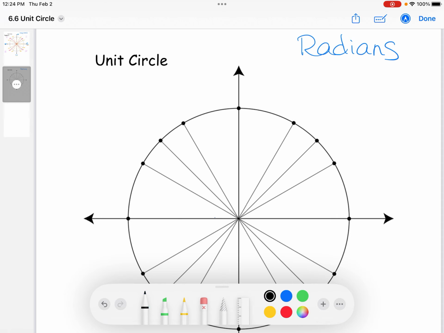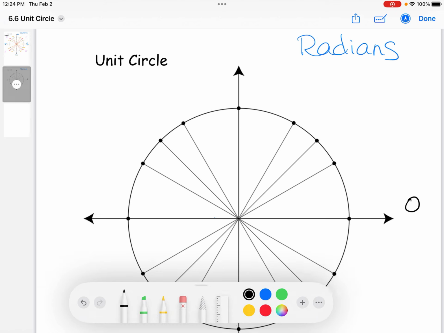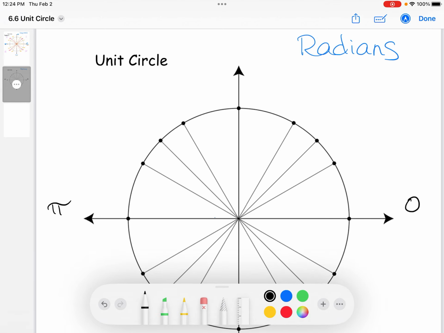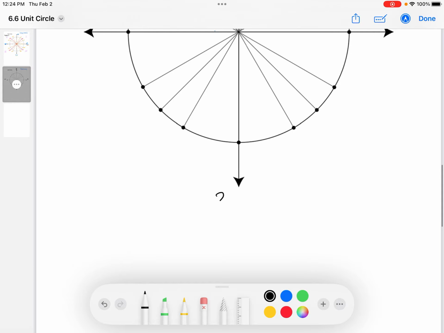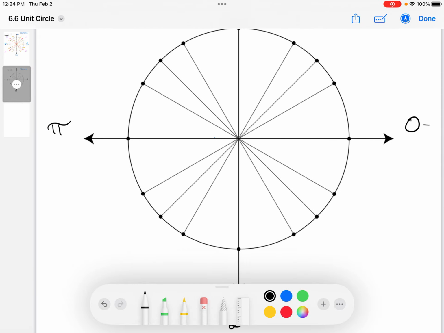Okay, now, same as what we just determined. 0 is on the right. Pi is on the left. Pi over 2 is up. 3 pi over 2 is down. And 0 wraps back around to 2 pi radians.